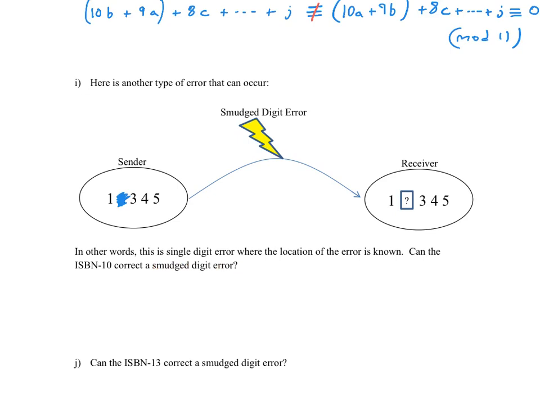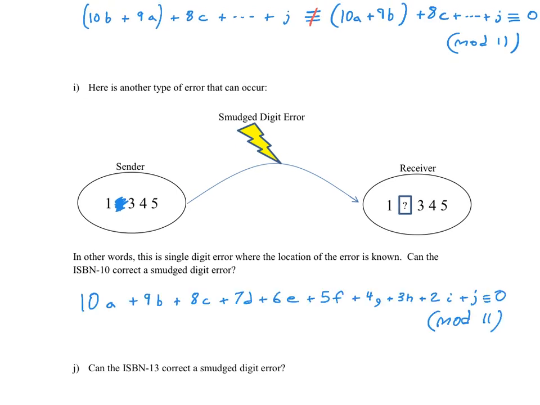So what we have to do is go back to the equation that calculates the check digit for the ISBN 10. Okay, so here's my ISBN 10 code, and what we're asking is, can you solve for any one of these letters? If one of these letters goes missing, can you recover it?